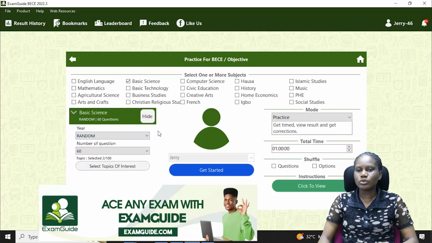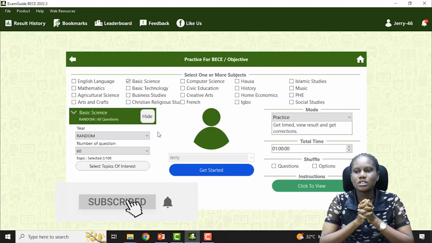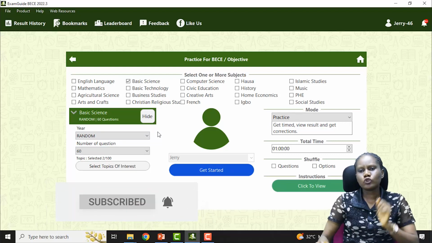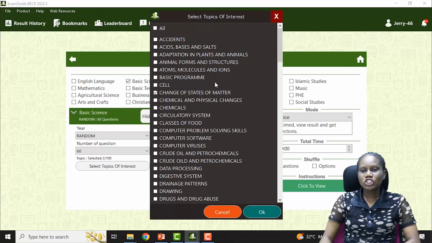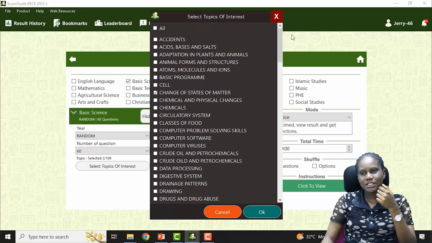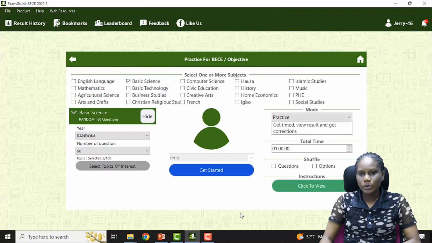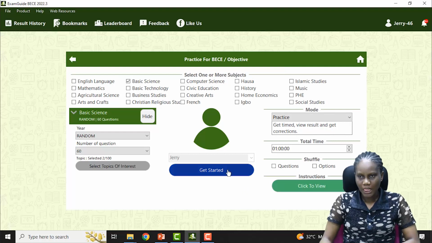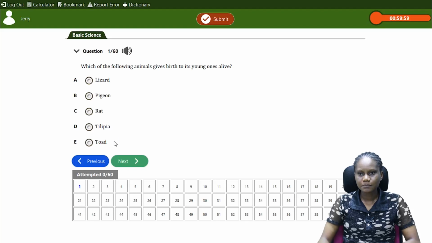I'm going to be using a random year just to pick some questions and see what we can do with them. And also you select your topic of interest, which is change of state of matter. When you click on them, you get started. So let's look at some questions together.